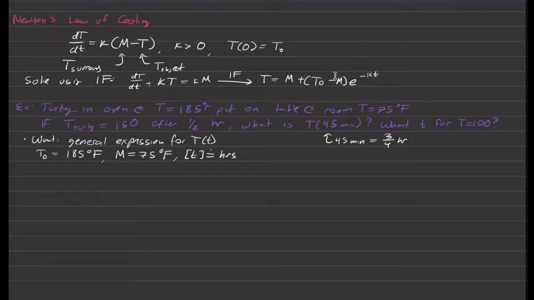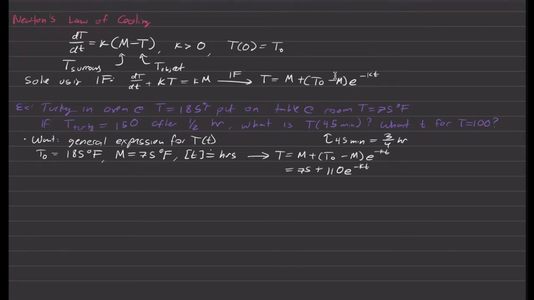I can then plug this in, and I get that T is equal to M plus, let me just write out the whole expression before I plug anything in, e to the negative kt, which is equal to 75 plus, if you simplify that, 110 e to the negative kt.